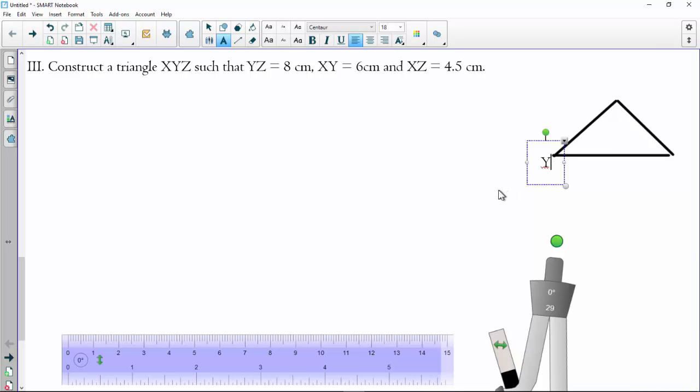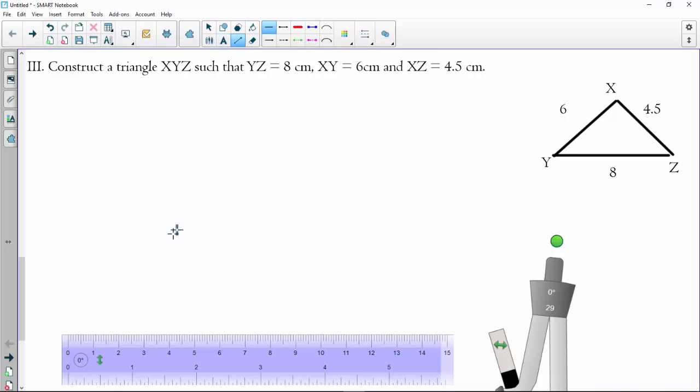Here is Y, here is Z, and obviously the remaining vertex will be X. So let's see if the dimensions fit. YZ will be 8 centimeters, XY will be 6 centimeters, and XZ will be 4.5. Yes, the dimensions fit perfectly.